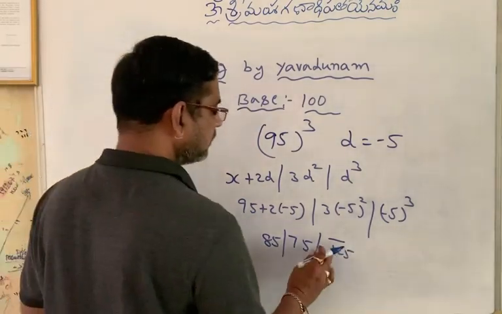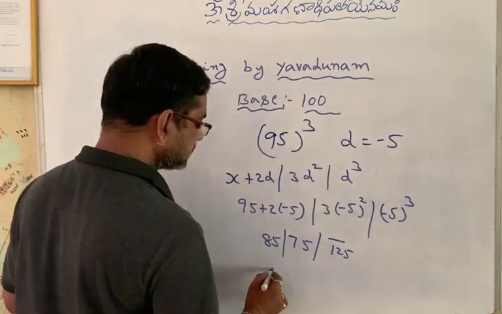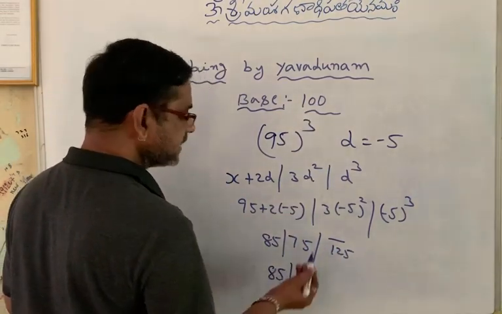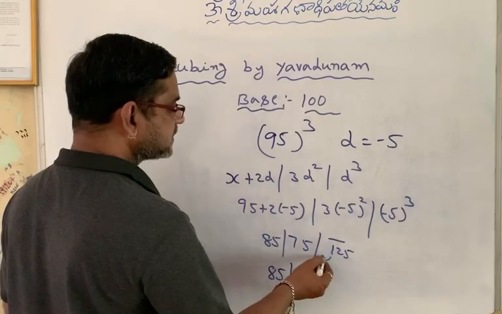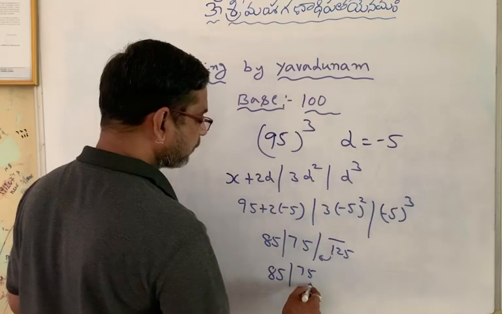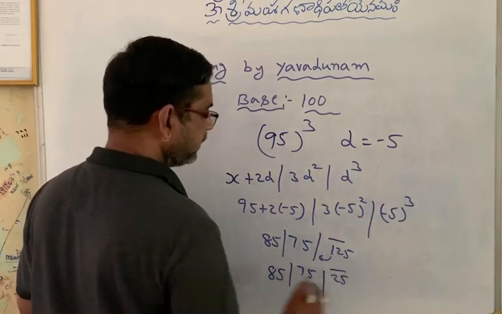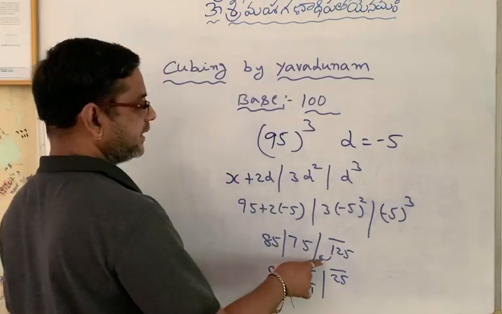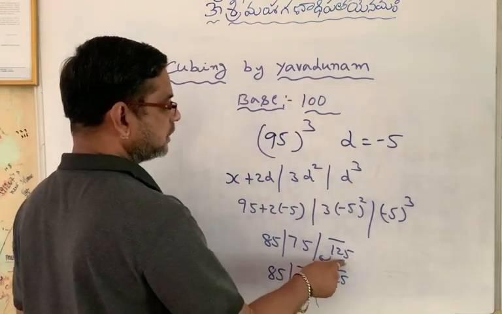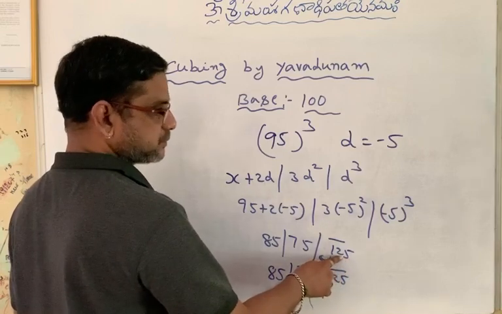As I said, the base is 100, so here we will get only 2 digits. We have to carry this number, so 75 plus bar 1 and bar 25. Once again I am repeating: here we got 3 digits, but the base is 100 only, which means we get only the units and tens places.